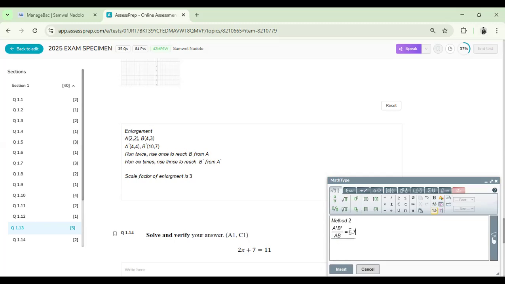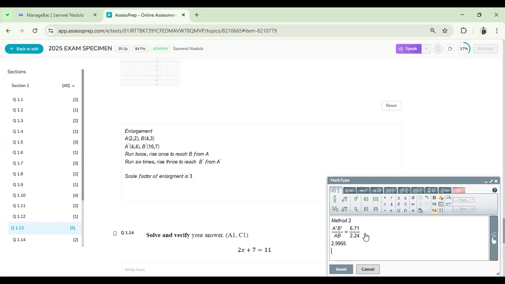6.71 divided by 2.24. So if you use your calculator, you will get an answer like 2.9955.